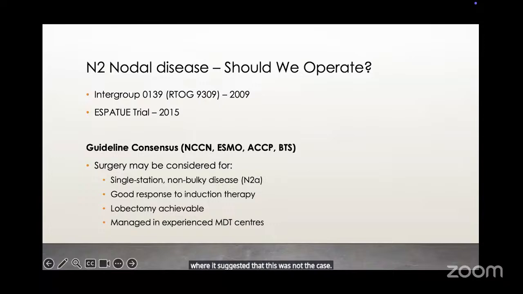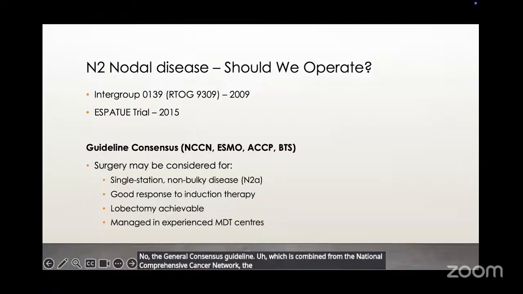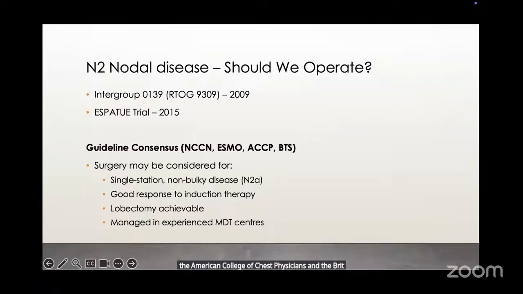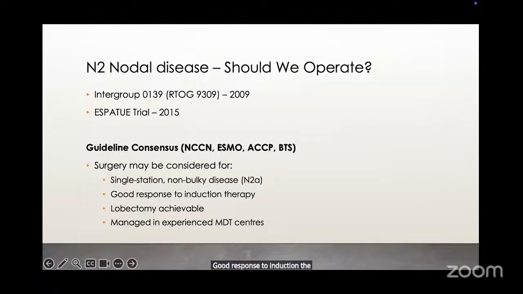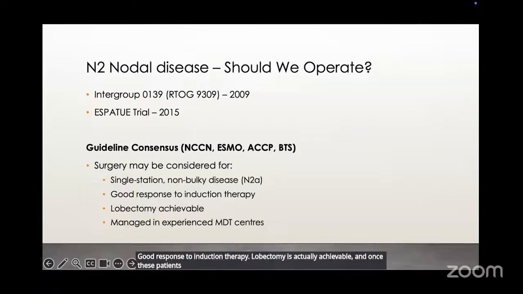Now, the general consensus guideline, which is combined from the National Comprehensive Cancer Network, the NCCN, the European Society for Medical Oncology, the American College of Chest Physicians, and the British Thoracic Society, has suggested that surgery may be considered in these patients once there is single-station, non-bulky disease, called N2A disease, good response to induction therapy, lobectomy is achievable, and once these patients are managed in experienced multidisciplinary team centers.